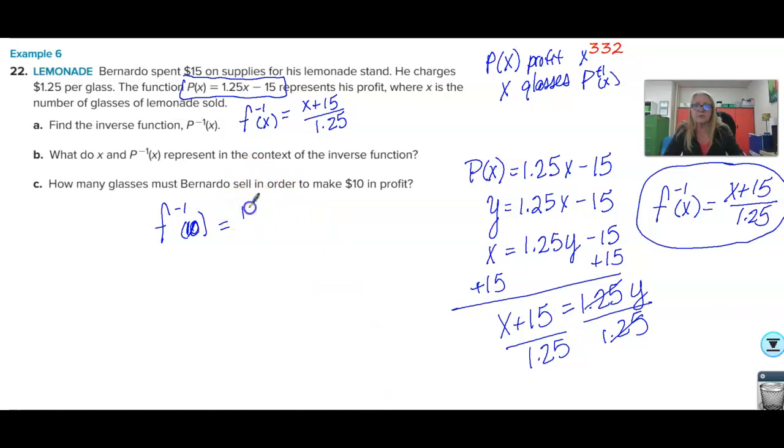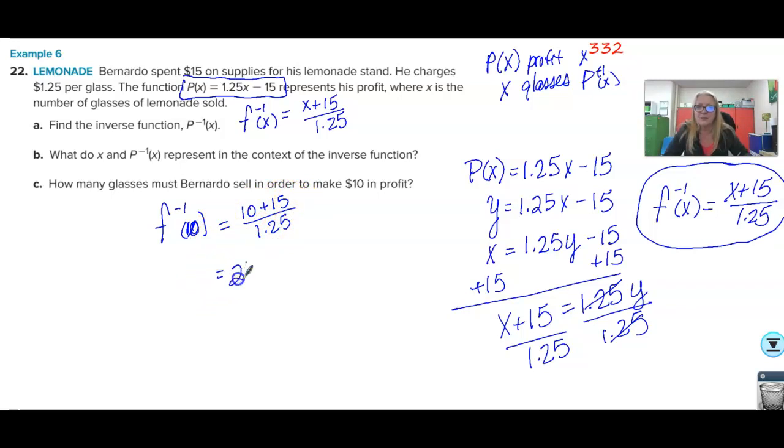You replace x with your 10, plus 15 over 1.25. We couldn't use the other function. We would have had to put the $10 in profit on this side, and then we would have had to solve for the variable on this side, the x. In this one, we're putting in 10 for x and solving for that one. I probably just confused the heck out of you guys. I'll do more examples. I'll do it better next time.